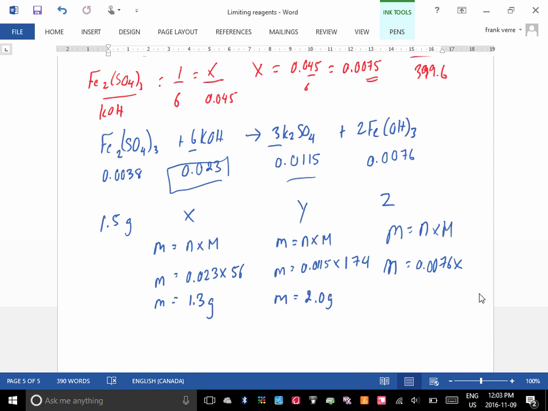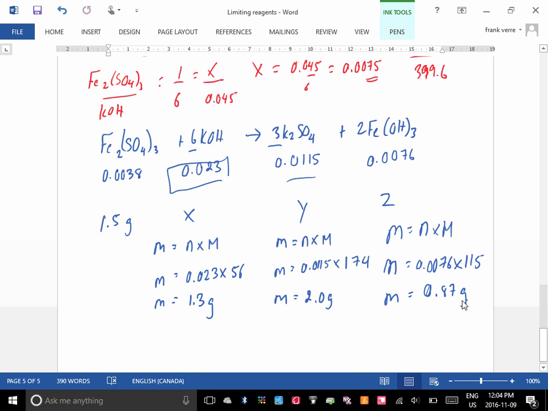It's about 64. And hydroxide is 17, and then we have 3 of them, so that's 51. Plus 64 is 115. So what's the mass of that? What's 0.0076 times 115? 0.87.